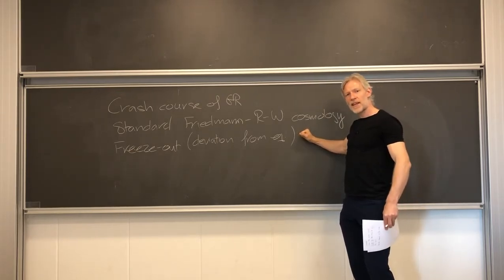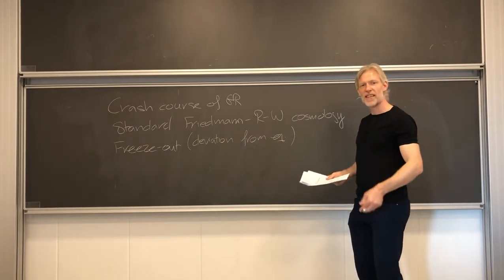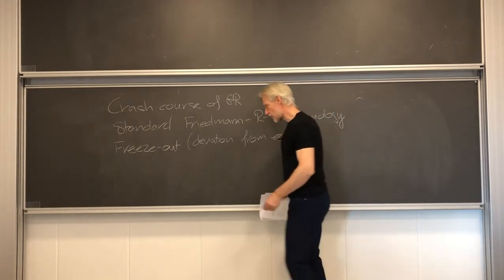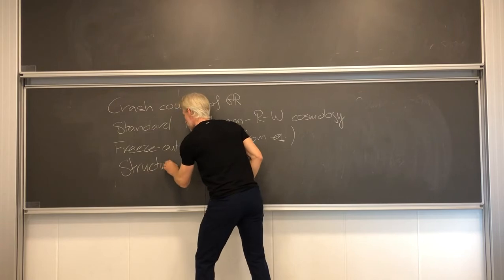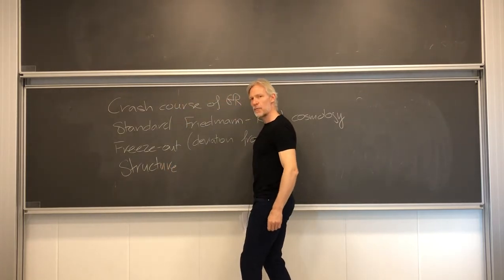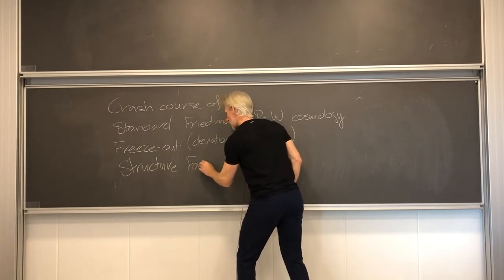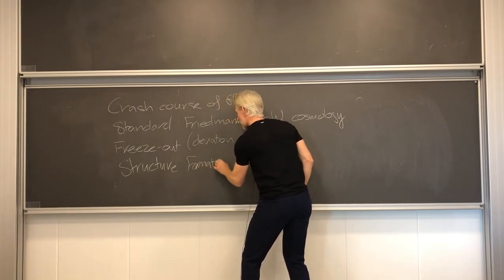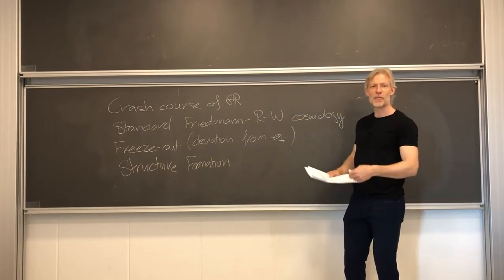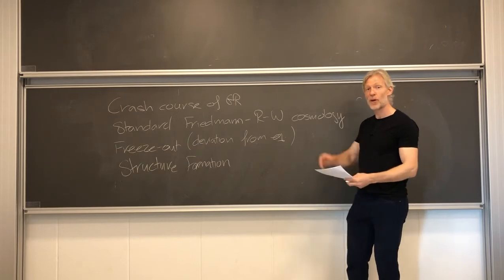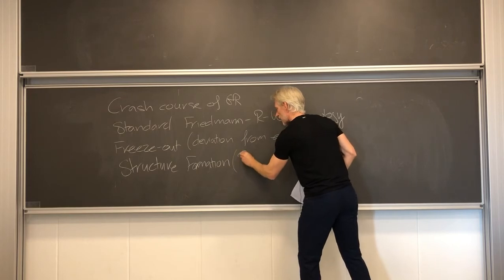Okay, so once we're through that, then we need to relax the next assumption, namely homogeneity and isotropy. And that brings us to what will take up a very substantial part of my lectures, maybe even most of them, and that is what we call structure formation. So we will start out in linear perturbation theory. We'll start out with small deviations from homogeneity and isotropy.